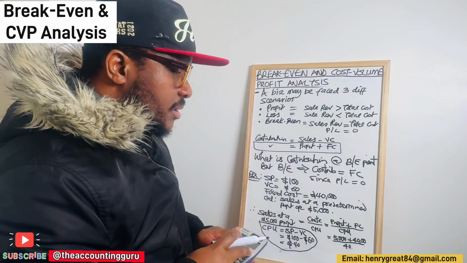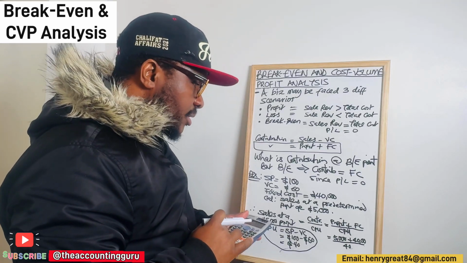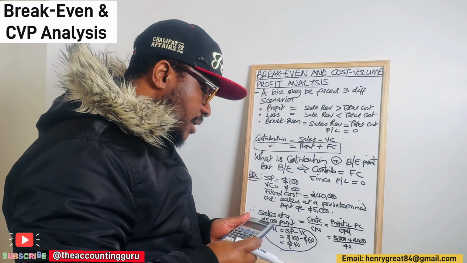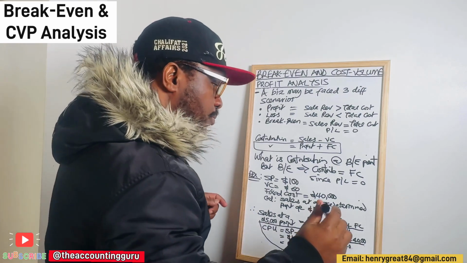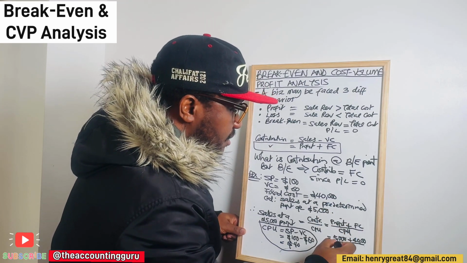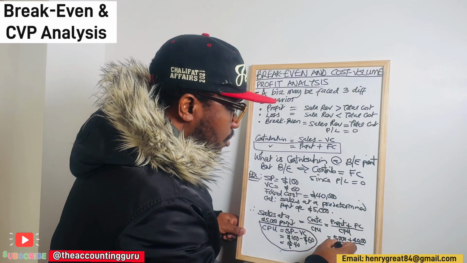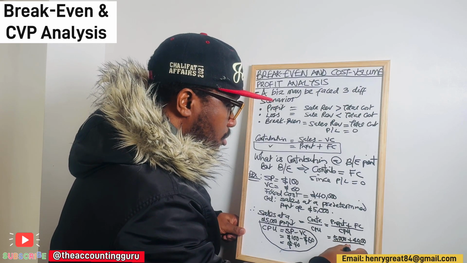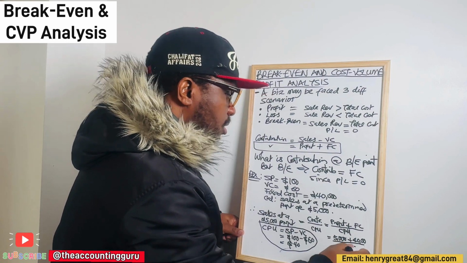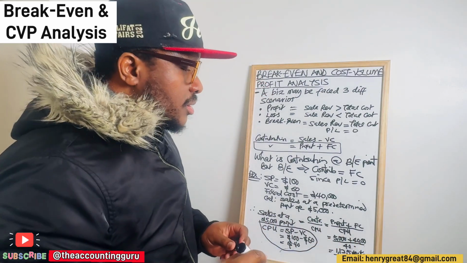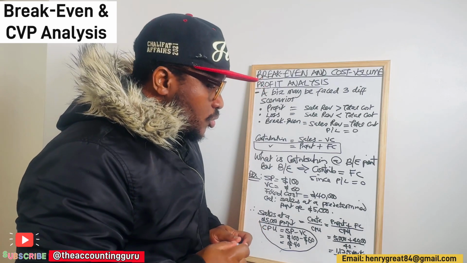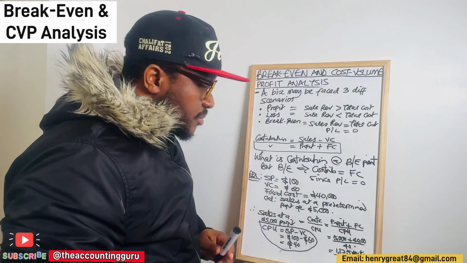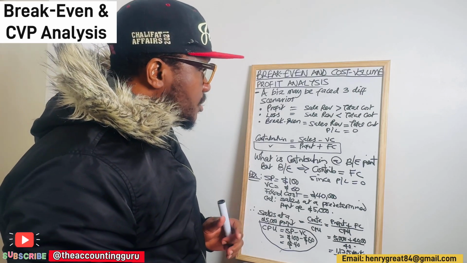When this is calculated, that will be 45,000 divided by 40. We'll be having 1,125 as the unit sold, as the break-even sales unit. The break-even sales unit here is 1,125 units. This is a break-even sales unit.